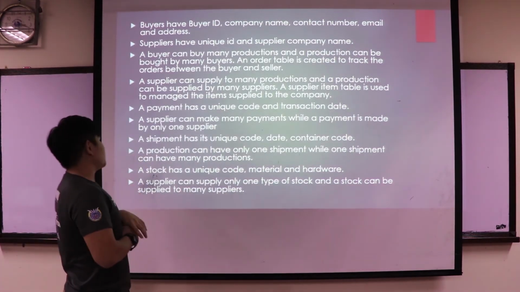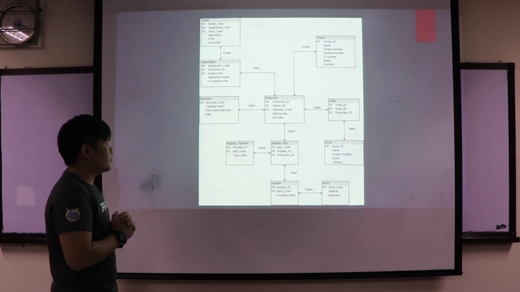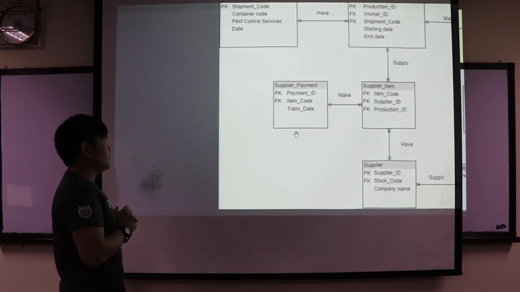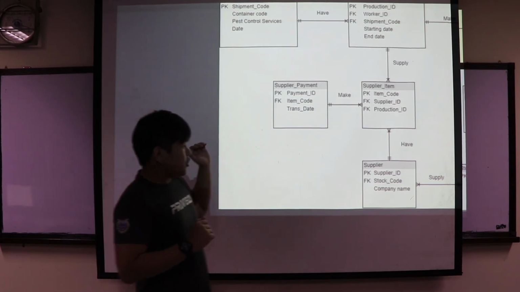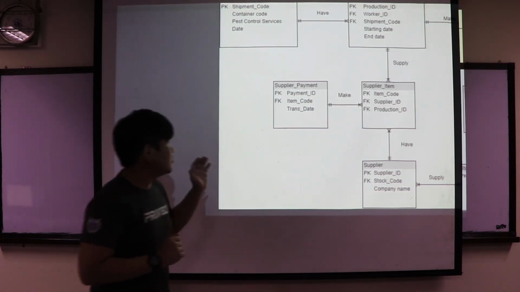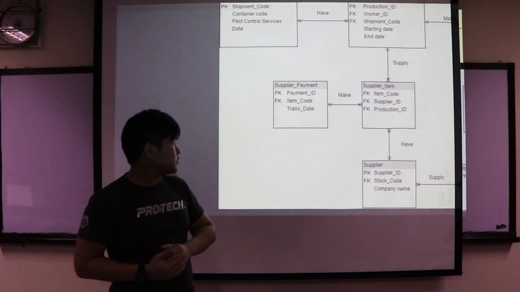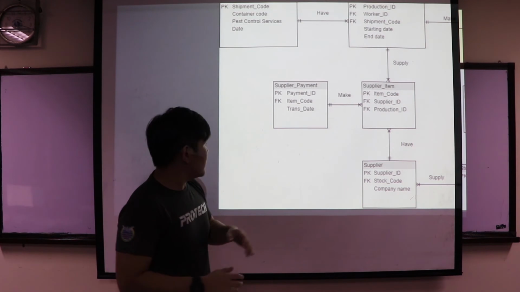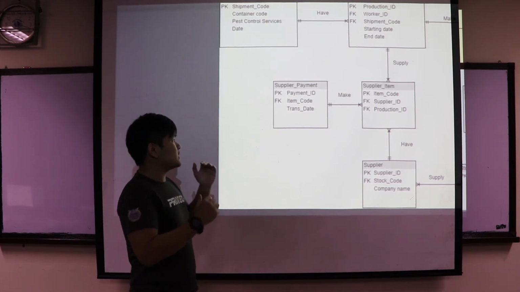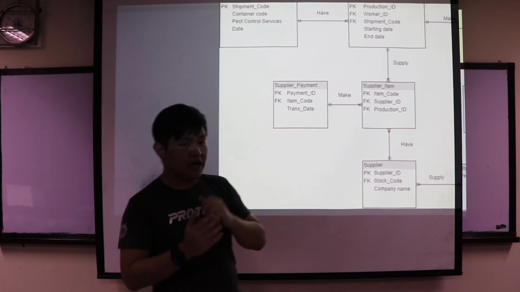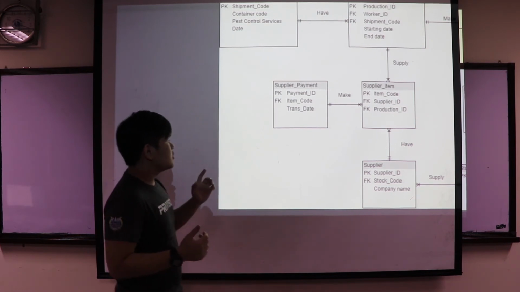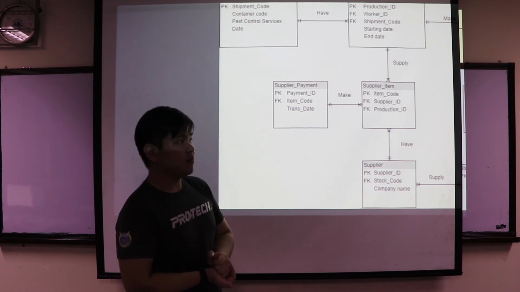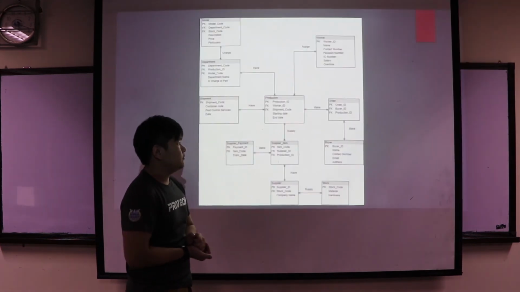Based on the diagram, we connect the supplier payment through the supplier items, and we list out the primary key, which is payment ID, and a foreign key from the primary key of supplier items, which is item code, and another attribute, which is transaction date. Back to the question.